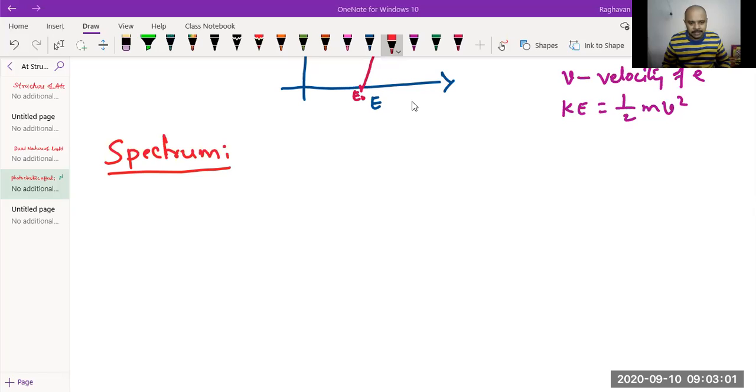their wavelength. Let me write this visible spectrum. This is the visible spectrum.